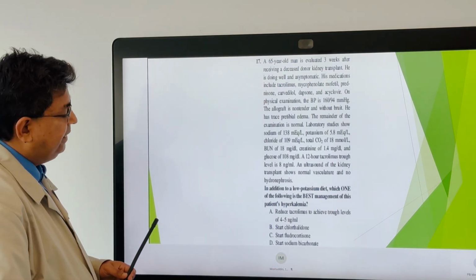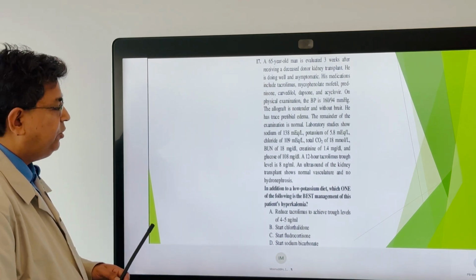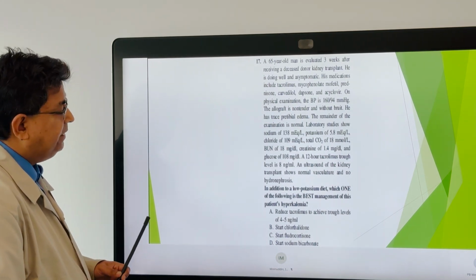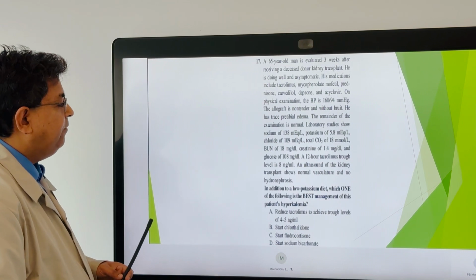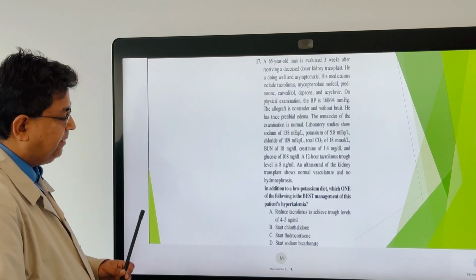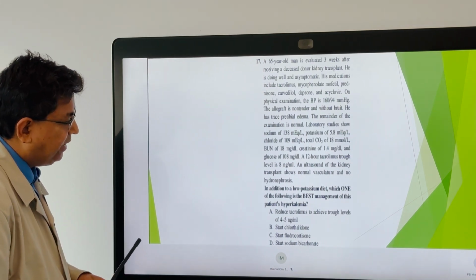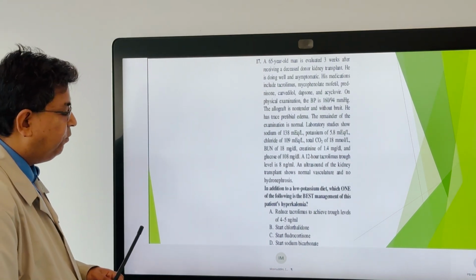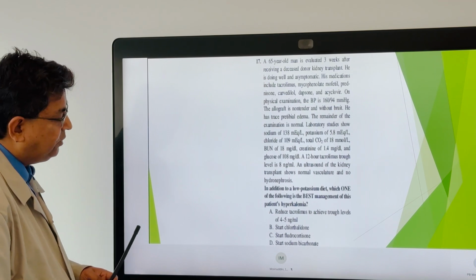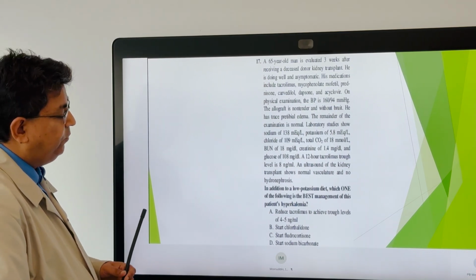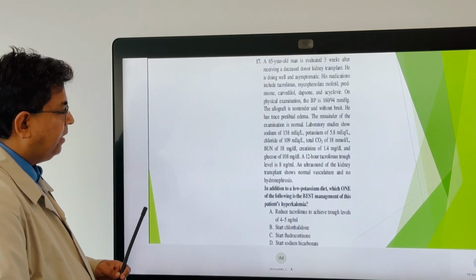An ultrasound of the kidney transplant shows normal vasculature and no hydronephrosis. In addition to a low potassium diet, which one of the following is the best management of this patient's hyperkalemia? Reduce tacrolimus to achieve trough levels of 4 to 5 nanograms per milliliter, start chlorthalidone, start fludrocortisone, or start sodium bicarbonate.